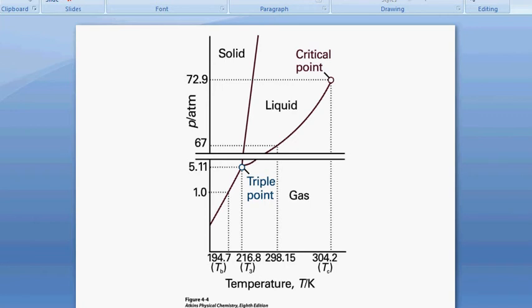So the triple point is 5.11 atmosphere and that's 216.8 Kelvin. And the critical point is 304 Kelvin, which was roughly 31.1 degrees C. It was 72.9 atmosphere.